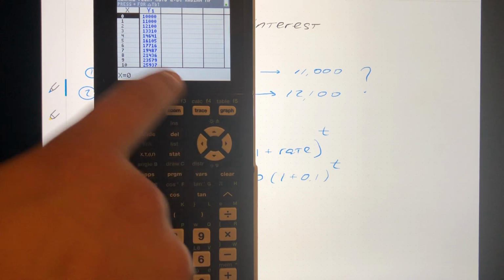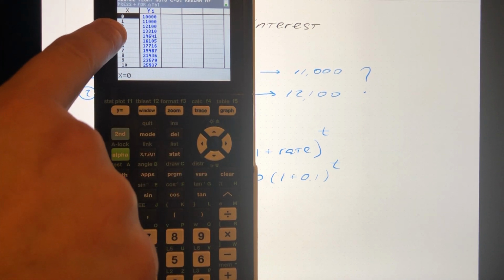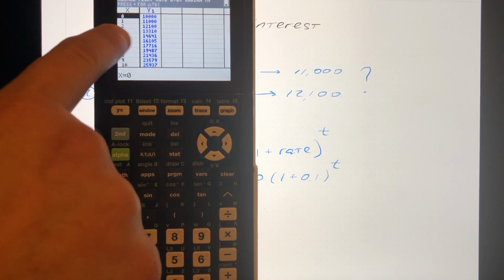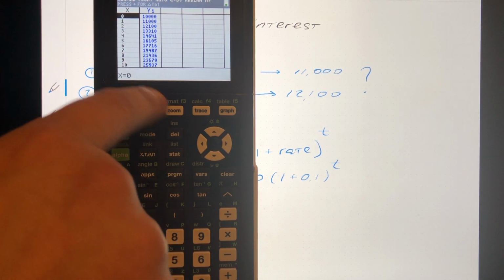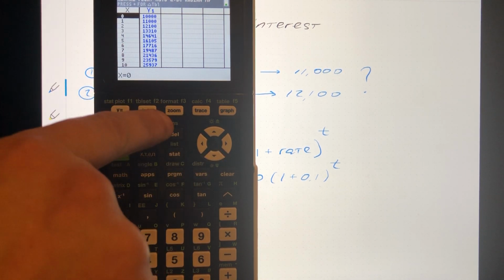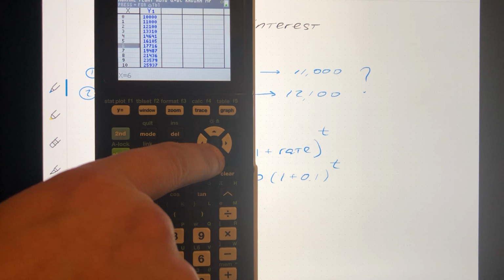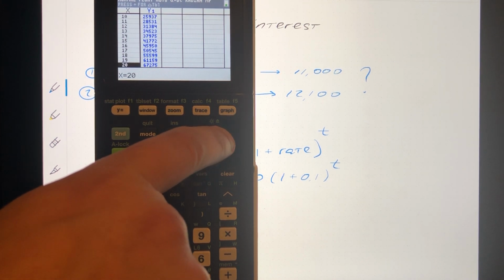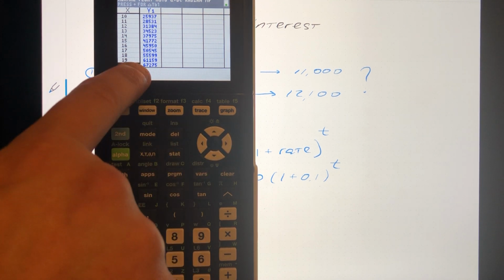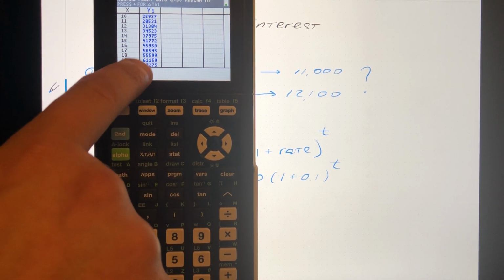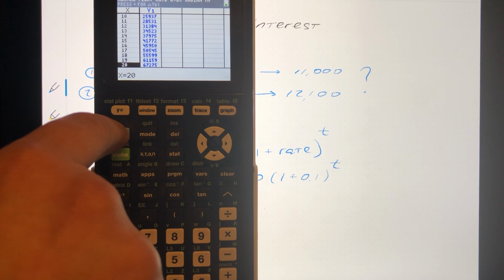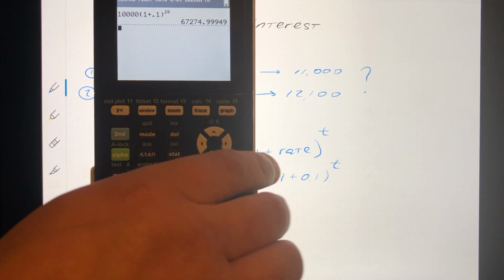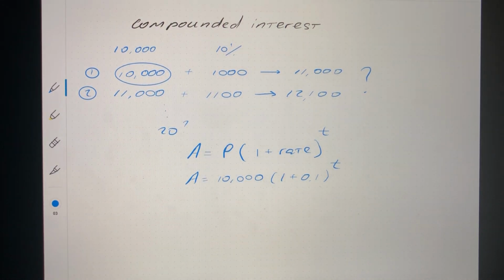So in the beginning we have 10,000, 1 year later 11,000, 2 years later 12,100, and so on. So it's the same numbers we were getting by hand, but with the aid of a calculator. And if we scroll down to the 20, we should see exactly the same number. Here is the same number, and it rounded for us, 67,275. So that's the answer for the compounded annual, because this interest was applied once a year.